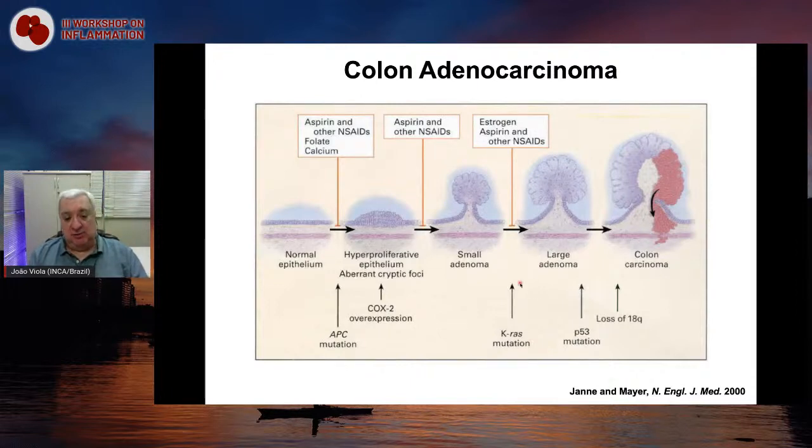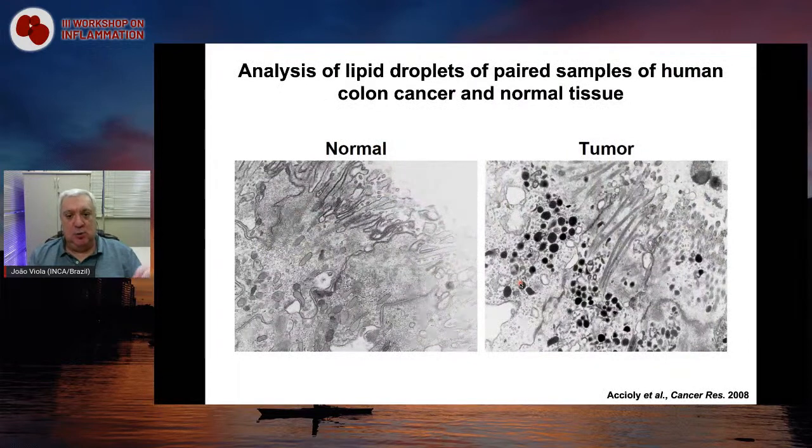In this model, I would like to show you one not so new result from our lab when we analyzed colon cancer, adenocarcinoma, in the same patient. And here you have in the same patient the normal epithelium and the tumor cells.